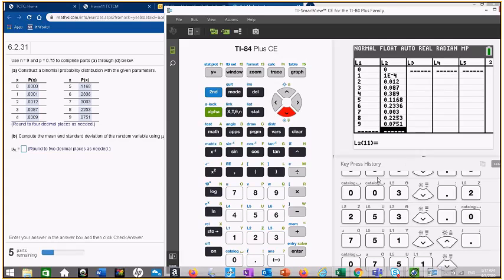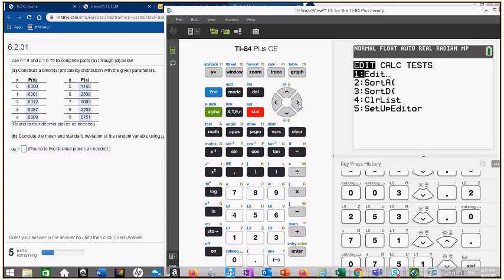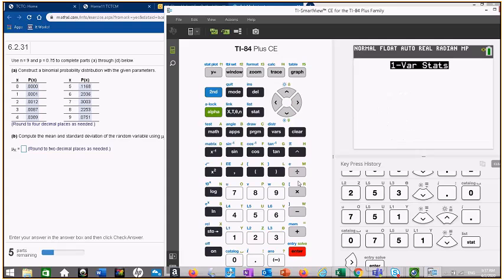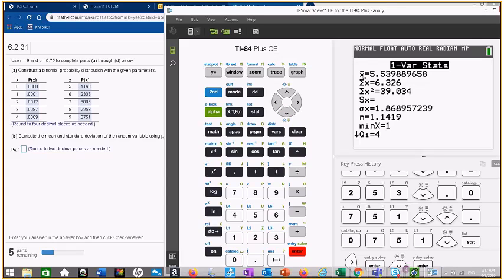All right, so now I hit stat, calculate, first variable statistic, L1, L2, and calculate. There's my X bar, 5.54, and my sigma is 1.87.